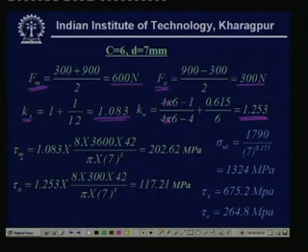We get the value of mean shear stress tau m as K s into 8 into F m into capital D divided by pi d cube, the standard formula we have learnt earlier. That gives the value of 202.62 megapascal, and the stress amplitude in a similar manner comes out to be 117.21 megapascal.